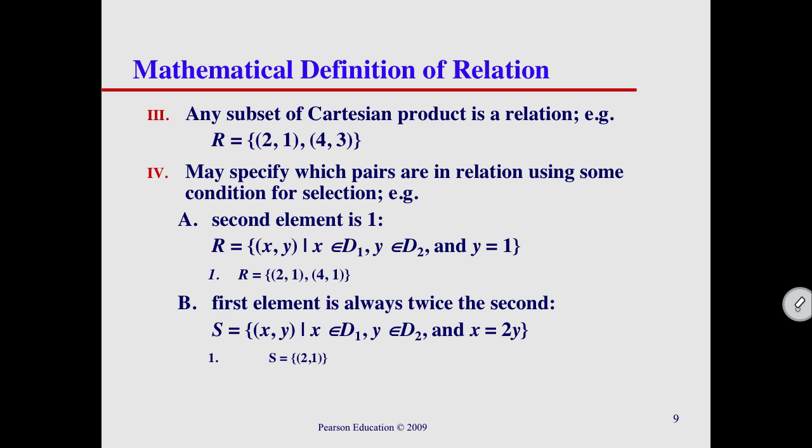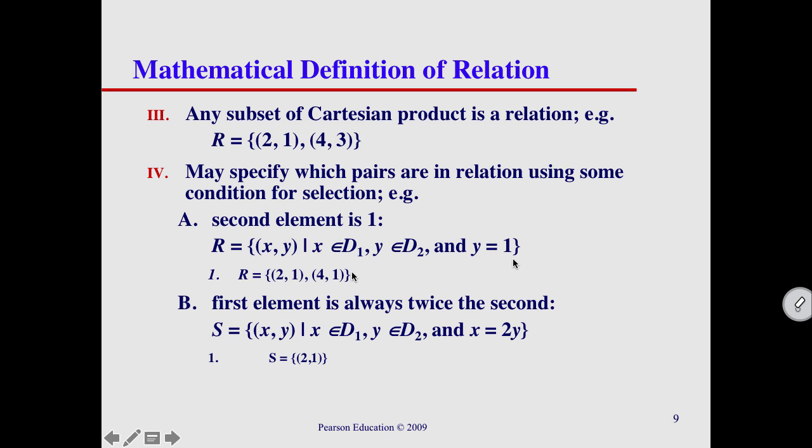But in theory, there is another way to specify a relation, which is mathematically. Rather than enumerating the tuples in the relation, you could give a definition of it. So I could say that R is the set of tuples such that X is in domain 1, Y is in domain 2, and Y is equal to 1.